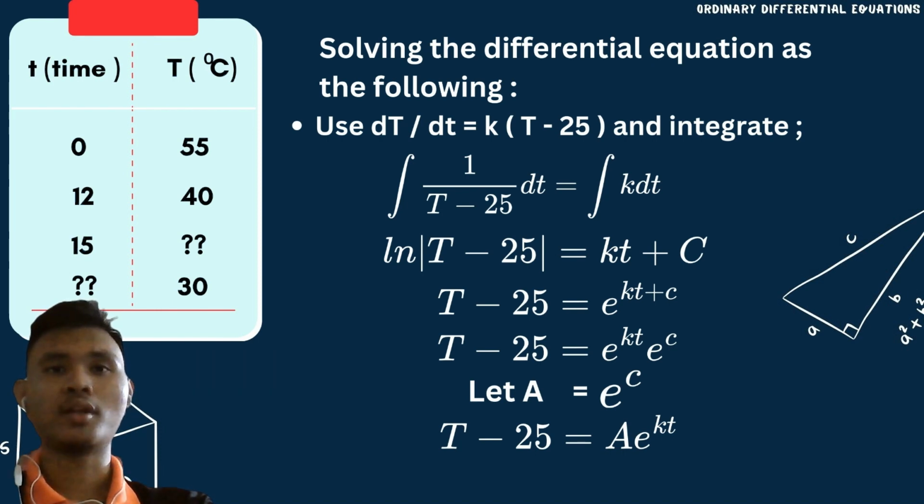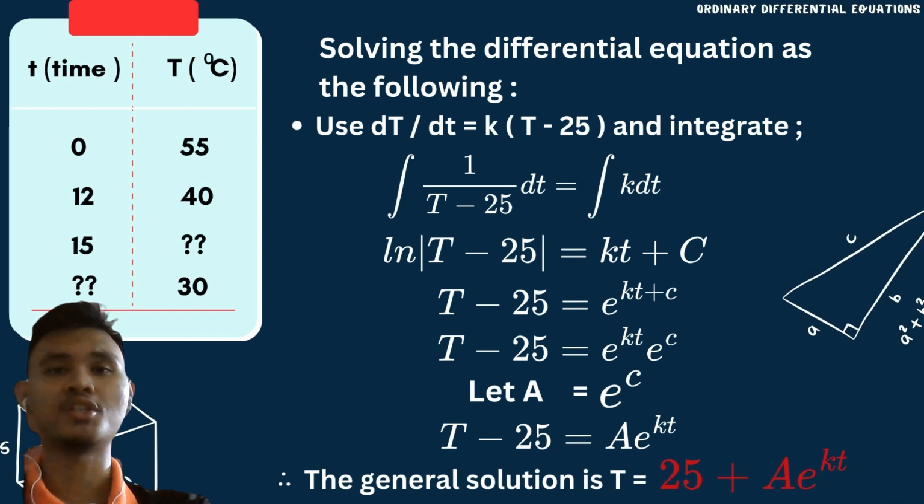We can separate the exponent using the product rule, which gives T minus 25 equals e^(kt) times e^c. Then we let A be the subject for e^c, so at the end we get T minus 25 equals A e^(kt). Therefore, we get our general solution, which is T equals 25 plus A e^(kt).